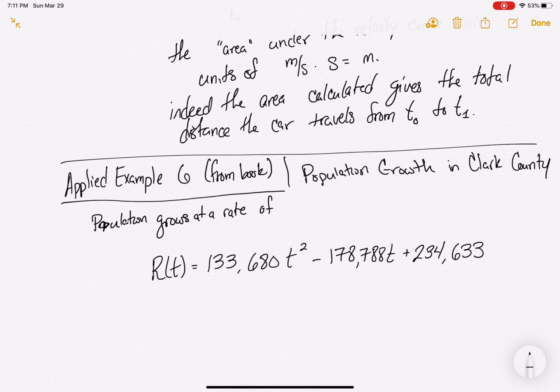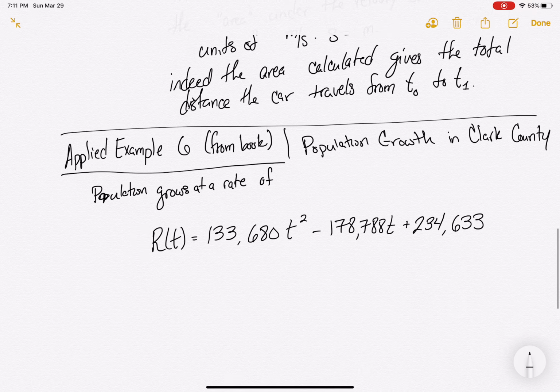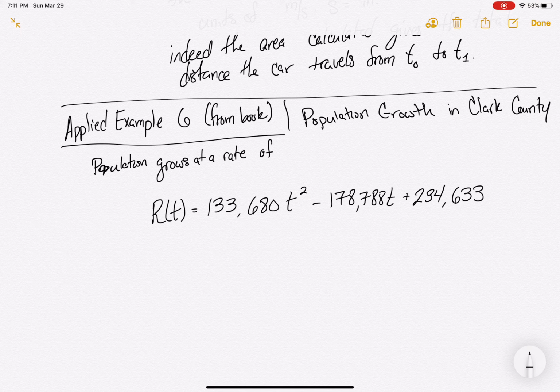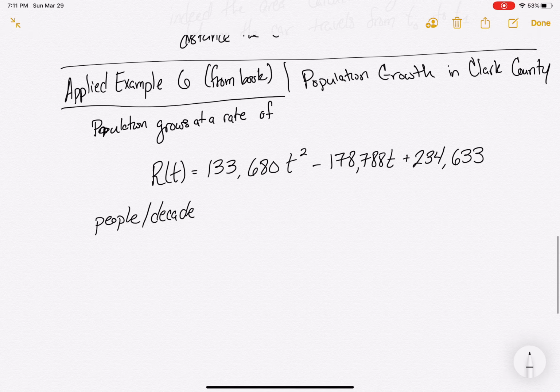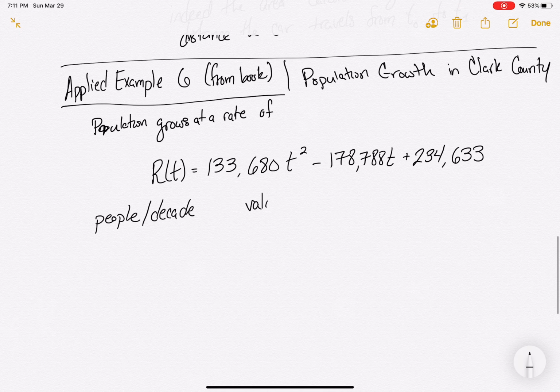This is valid for t between 0 and 3, where t is measured in decades. So this is people per decade, valid for 0 less than or equal to t less than or equal to 3, with t measured in decades.